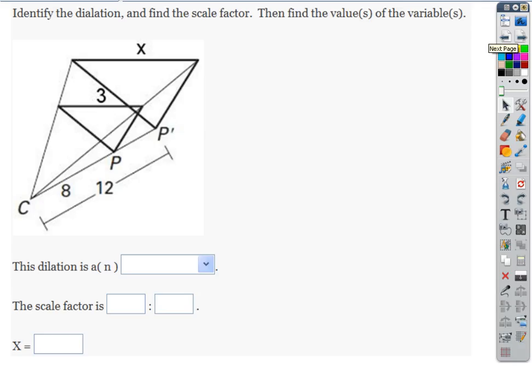The prime always means the changed, or the final one. Prime means after you've done something to it. So P prime is the bigger of the two, so it's an enlargement. Now, what if I knew, I don't, but what if I knew, for example, that the length of this side was 5 and the length of this side was 3? What would the scale factor be?